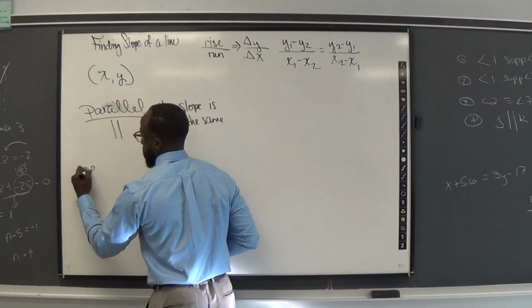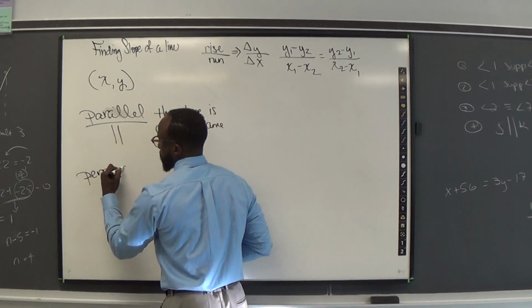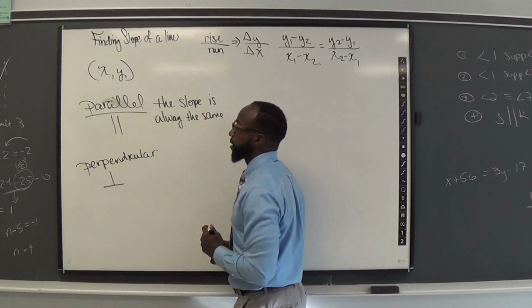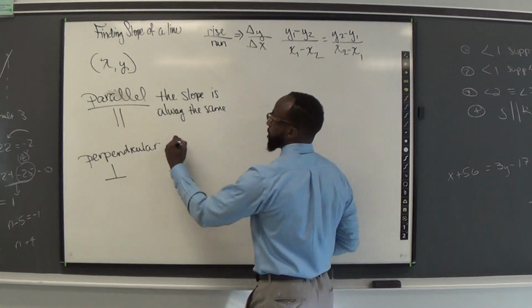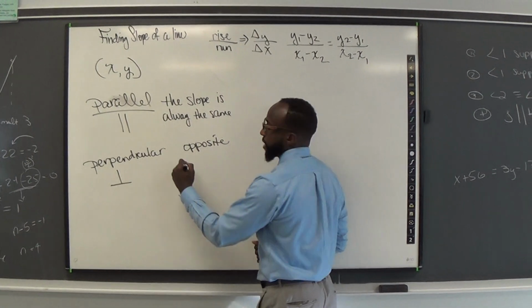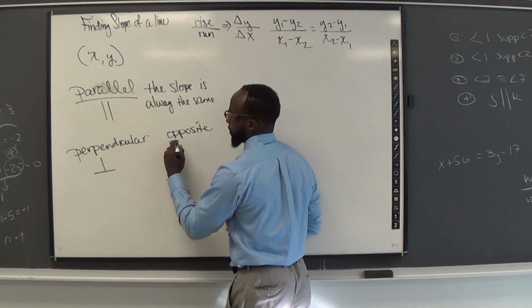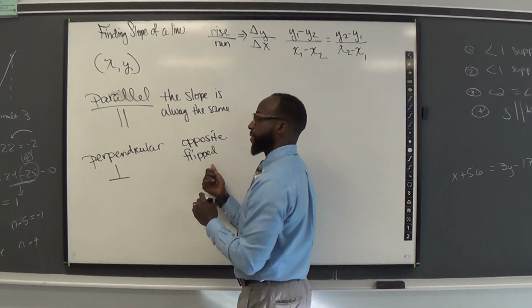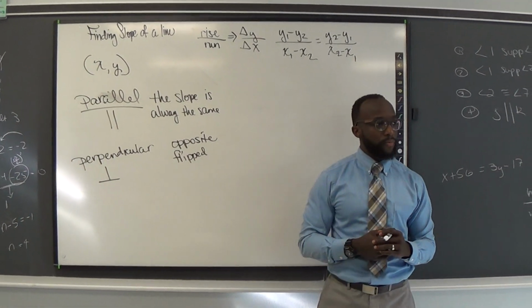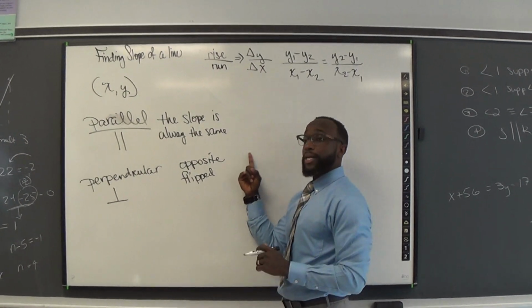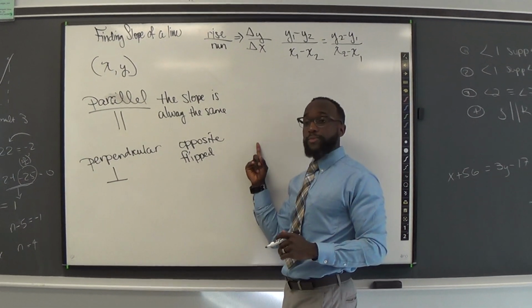Perpendicular lines, which mean this, their slope is the opposite. It's the opposite, and then it's flipped. The math term for flipped is reciprocal. It's the opposite reciprocal. Opposite meaning if it was positive it becomes negative, or if it's negative it becomes positive.